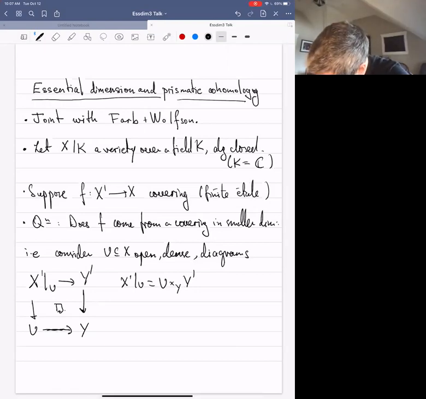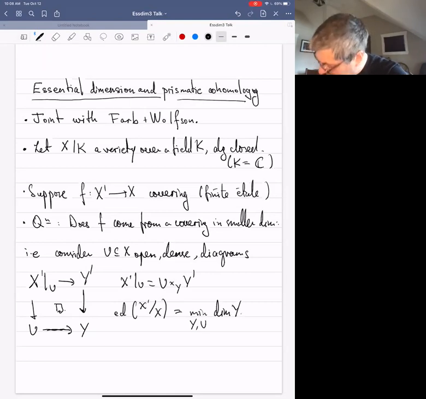And there's an invariant, the essential dimension of our covering, which is the smallest dimension of Y. So I can take the minimum over Y and U such that there's a diagram like this. It's the smallest dimension such that our covering can be obtained by pulling back, right?